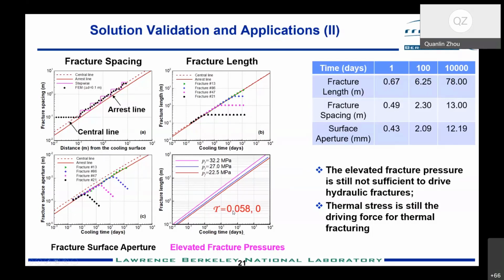So we again do the theoretical modeling with this value, and then you can see the prediction of the different profiles. Here the thermal stress is the driving force again for thermal fracture propagation, not the enhanced or elevated pressure.